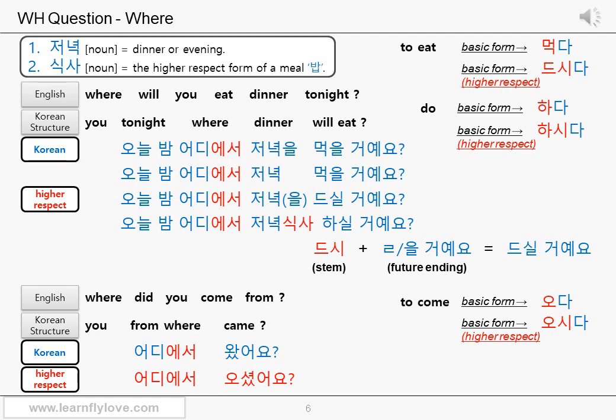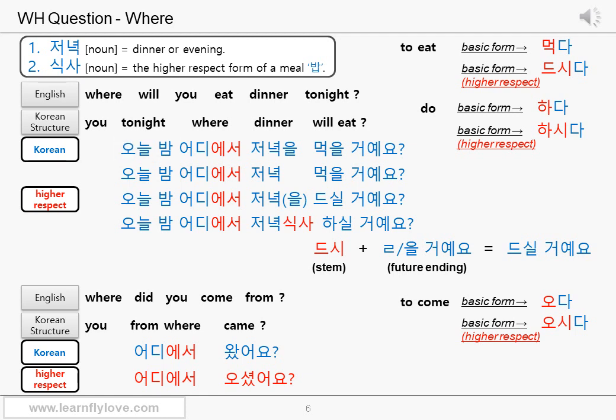Therefore, let's put it right after the time-related word tonight. Let's say that's the position of the place-related word, no matter it is an interrogative or not. Or right after the subject when there is no time-related word. Or right after the time-related word. So, you, tonight, where, dinner, will eat.